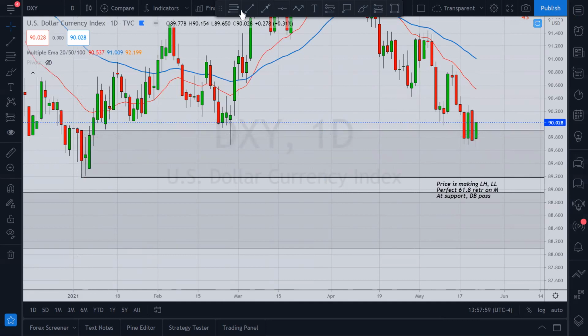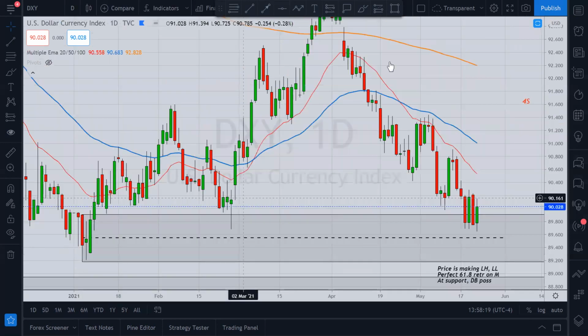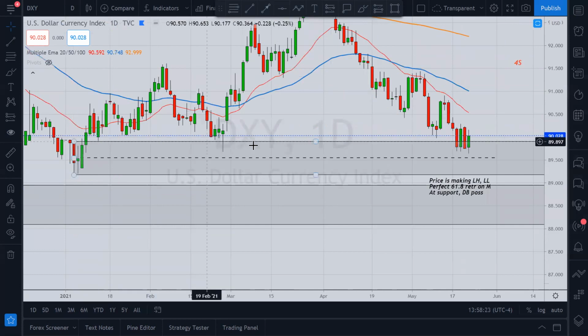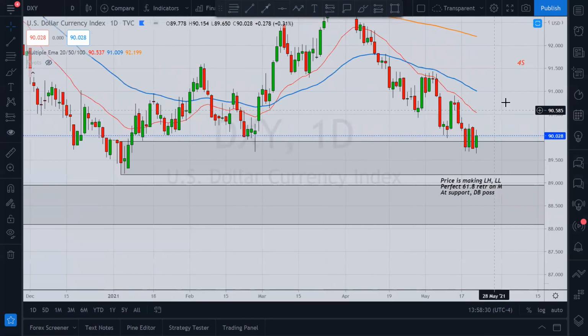And I always mark where the middle is on these demand zones and supply zones, so I can see where price will frequently repel from the opening of the candle like it did here and go up a whole bunch of pips, or it'll come to the middle and do the same thing. So I always keep that in mind, and you would do well to do the same thing.